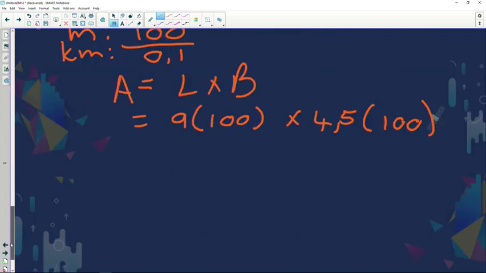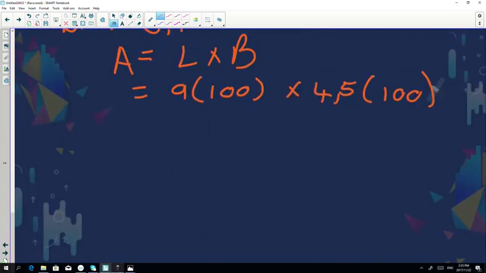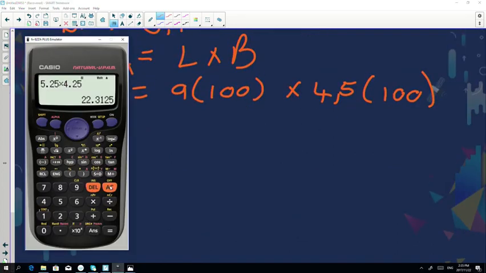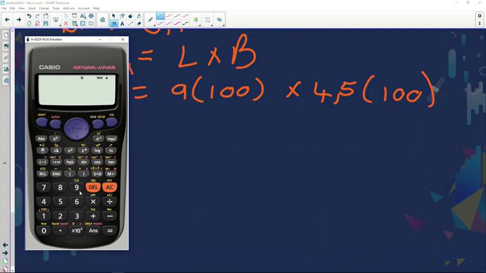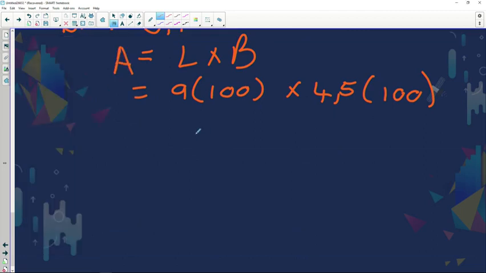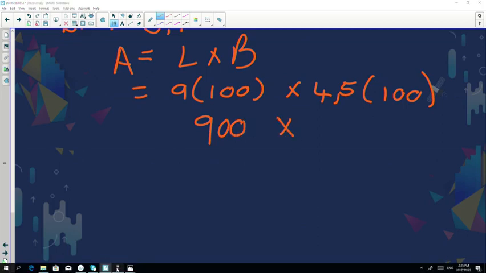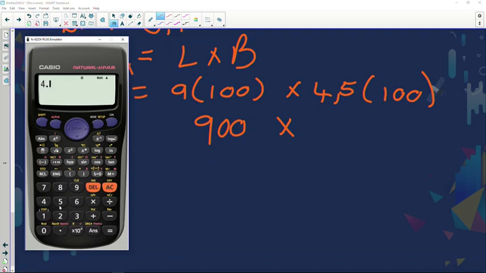Now let's quickly do the calculation by using our calculator. 9 times 100 gives me 900, times 4.5 times 100 equals 450.